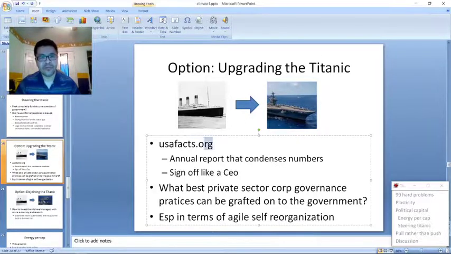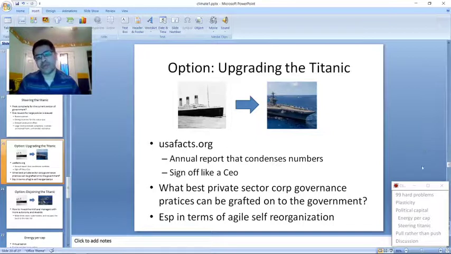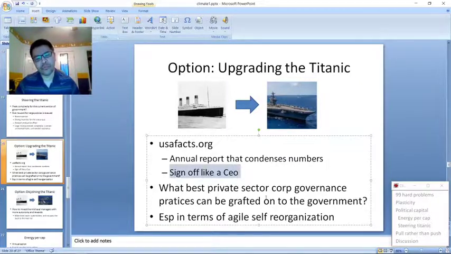If you go to USA Facts, there is an annual report that condenses key numbers, where perhaps in the future our government will be able to sign off on this annual report like a CEO does.